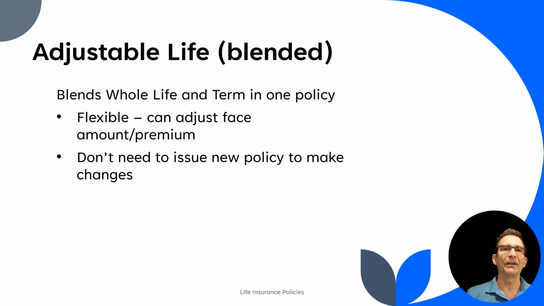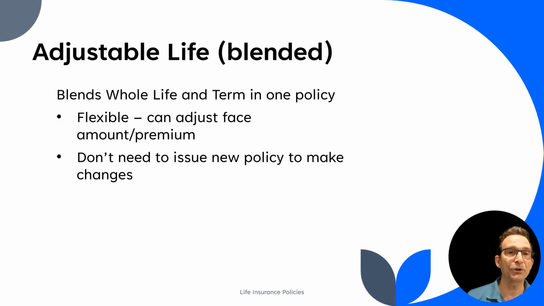Now, adjustable life is a way of blending some of the benefits that we learn about in our other training on term insurance, along with whole life. So, adjustable life blends whole life and term into one policy, in a sense, trying to gain the best of both worlds.